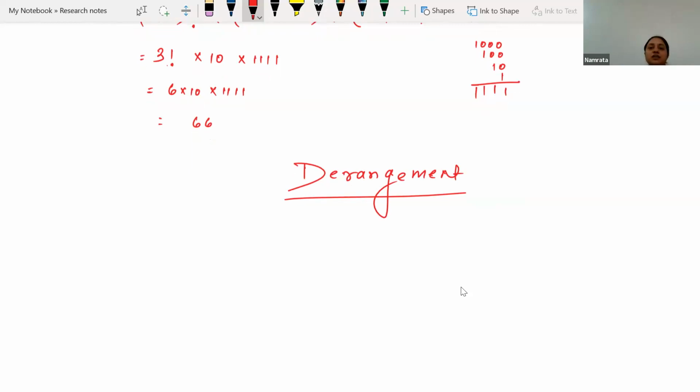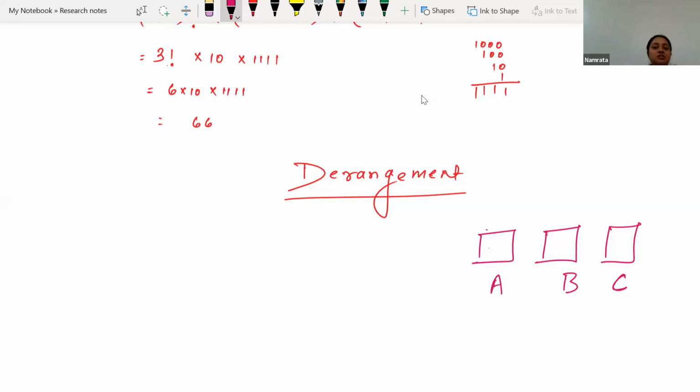Like suppose 3 houses are there. The first house is A's, the second is B's house, the third is C's house. So we have to do such a derangement so that nobody will be able to go to their own home.